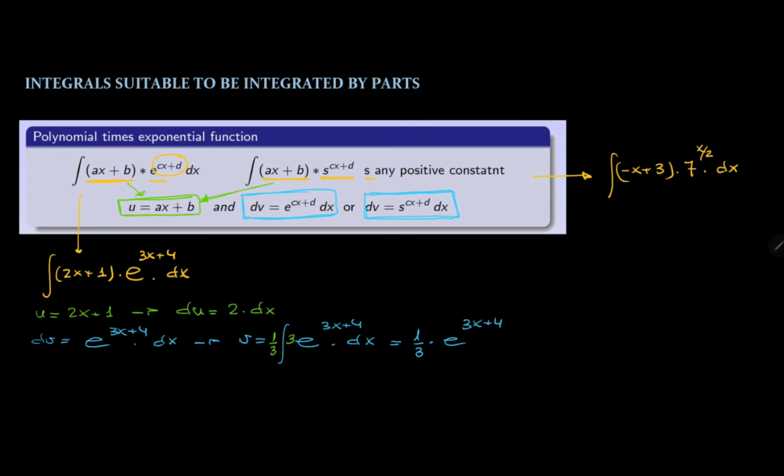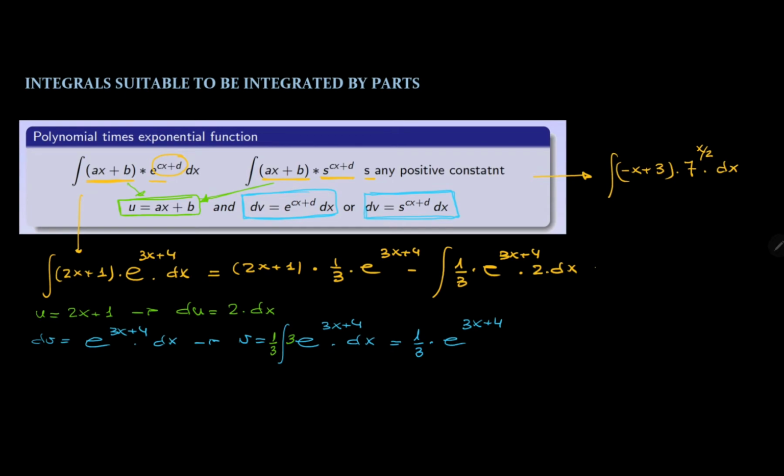And now that I have all the 4 elements in the formula, I can write the by parts formula, and it's u times v minus the integral of v times du.